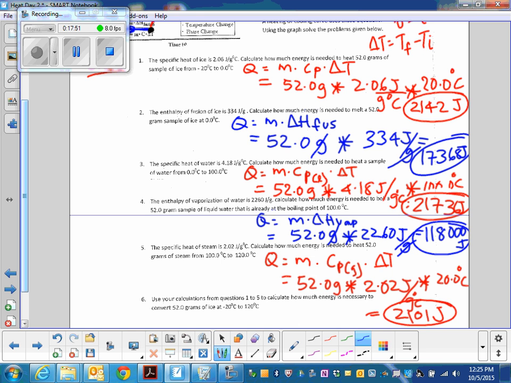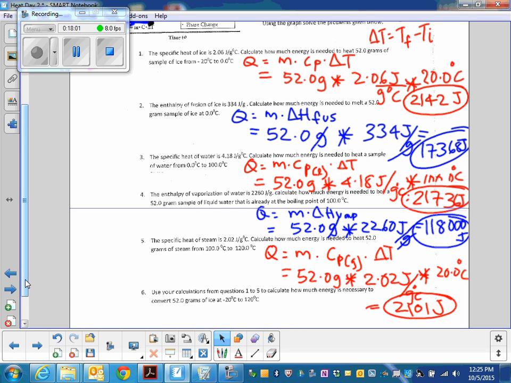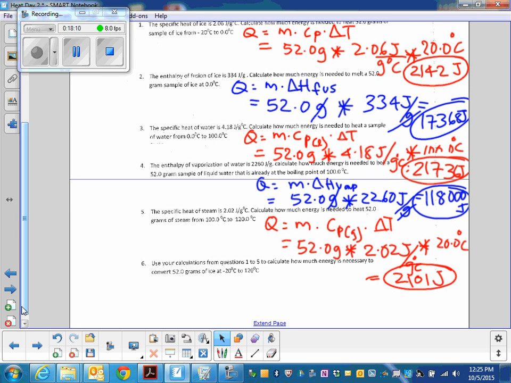So I need to find the total heat energy required to go from minus 20 to 120. Now I have 5 different steps. What am I going to do with all these numbers? Add them all up. So at the end, you just add them all up.